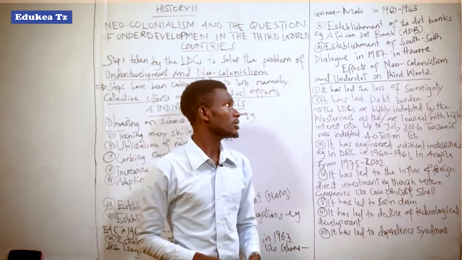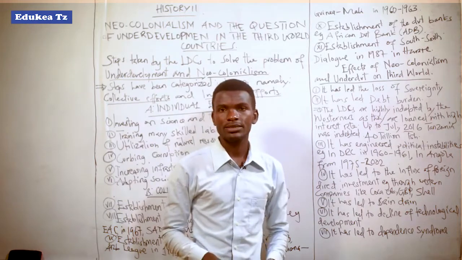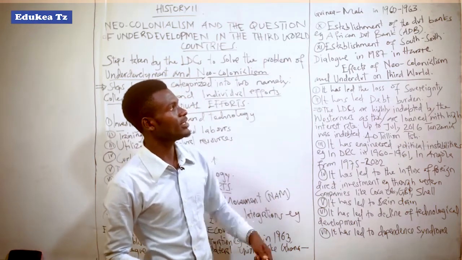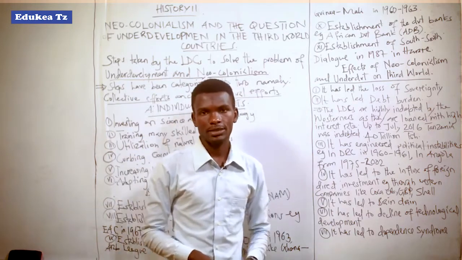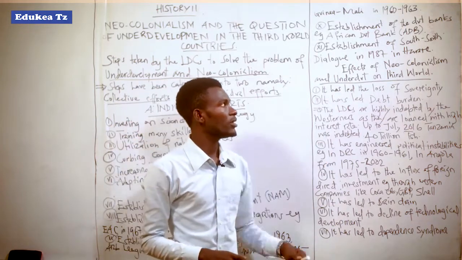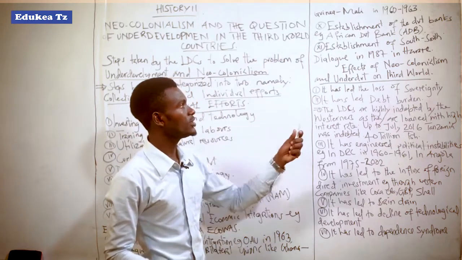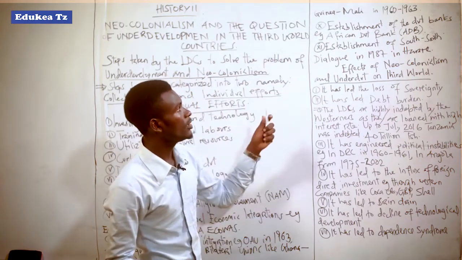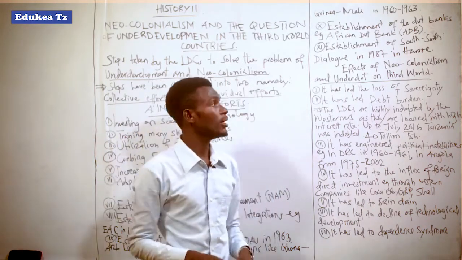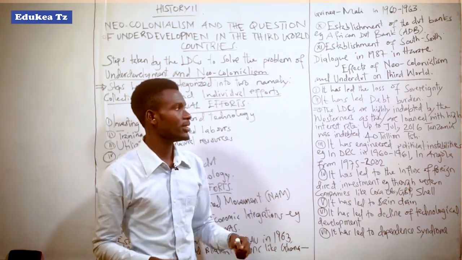This South-South dialogue was just like a conference which was conducted in Harare, Zimbabwe, and it was attended by various southern countries in the southern hemisphere to discuss how to overcome the problem of underdevelopment and the new colonialism done by the imperialistic powers.